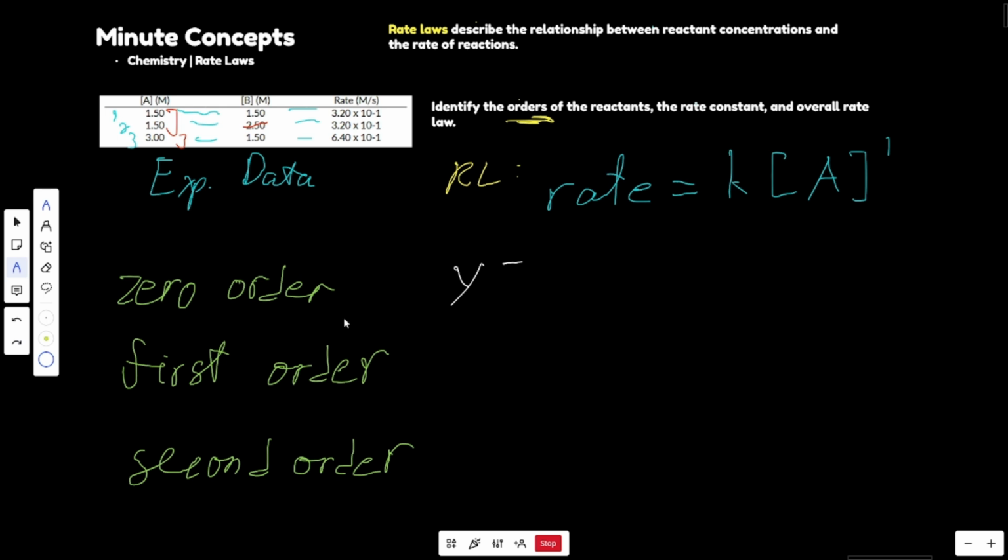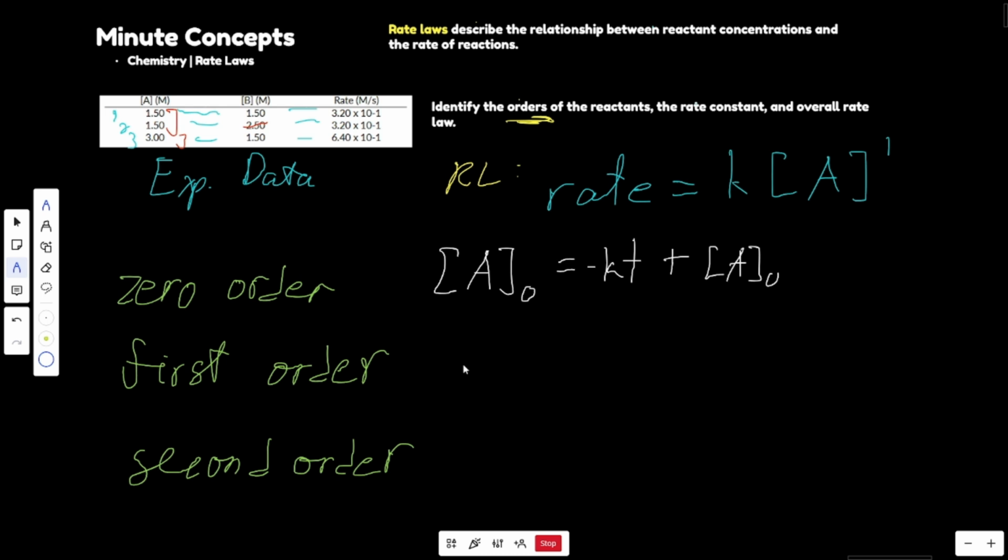Okay, so for a zero order reaction, our formula is the final concentration of any reactant is equal to the negative rate constant times the time or the duration of the reaction plus the initial concentration.